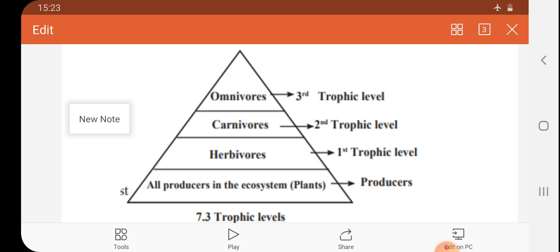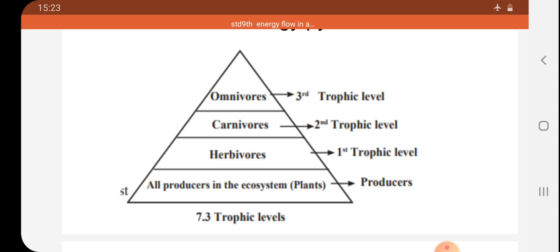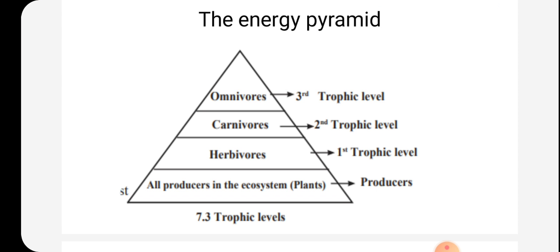You are observing that in each step, what is happening? The amount of energy is going on decreasing. Producers produce the food, some of it is utilized for themselves, then it is passed down to the herbivores. Herbivores are called the first trophic level.